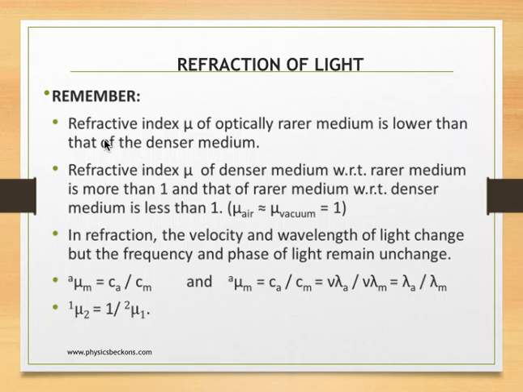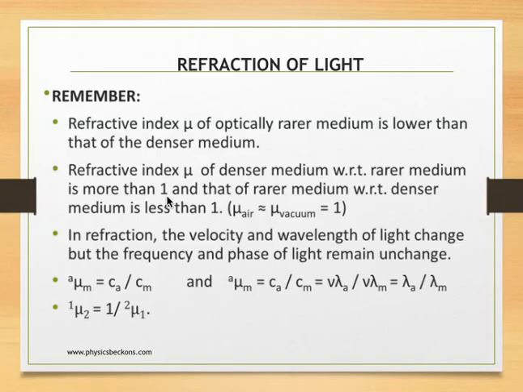Again, about refractive index, you have to remember that refractive index of optically rarer medium is less than that of the denser medium. And refractive index mu of denser medium with respect to rarer medium is always more than 1. Denser with respect to rarer will be more than 1.